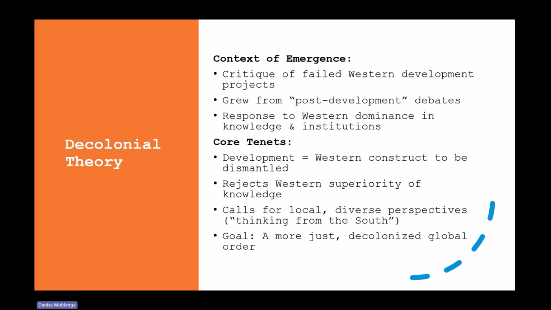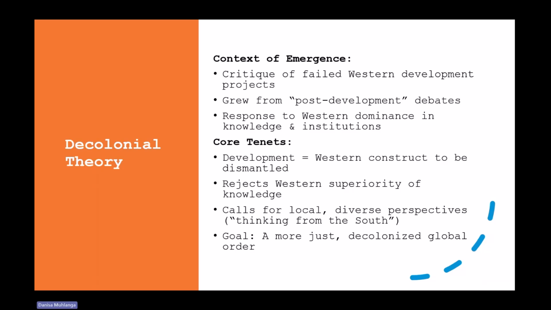So the key focus for this is that development is a ruin in the intellectual landscape, right? And a mental structure that needs to be dismantled. Okay, so its focus is that people need to have a new way of thinking, decolonize your mind. You can't be thinking like that.